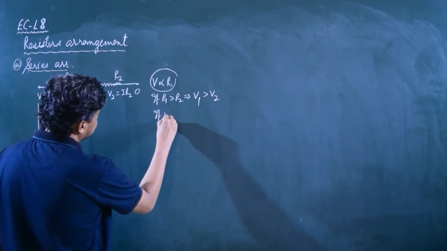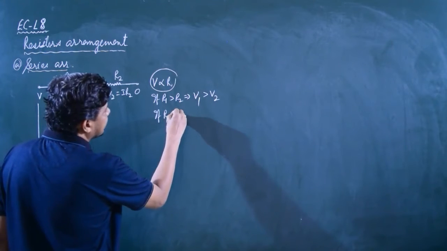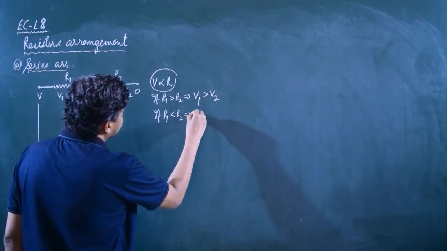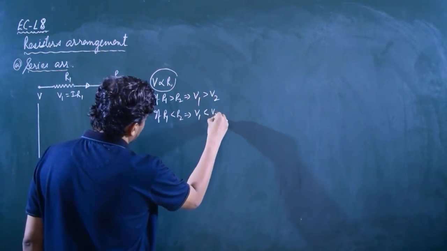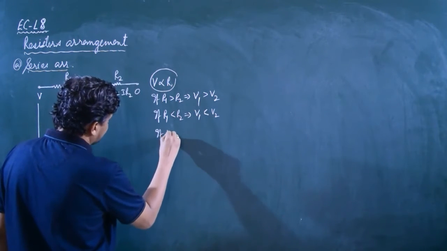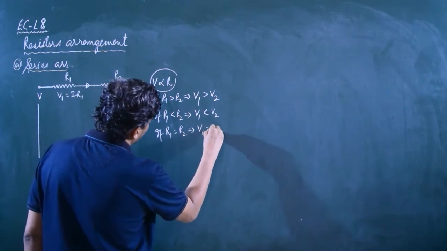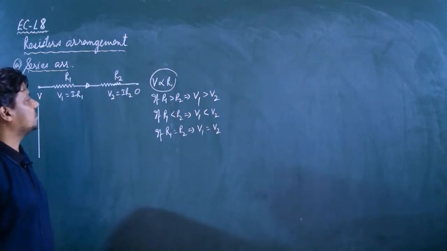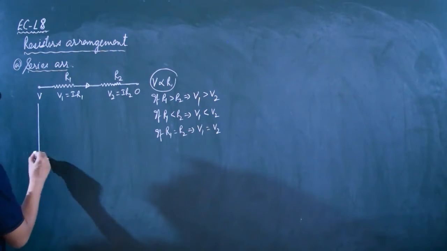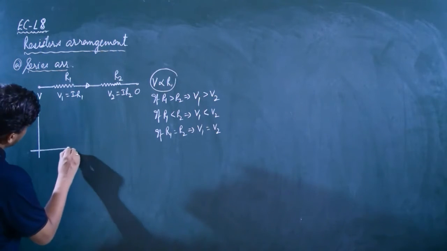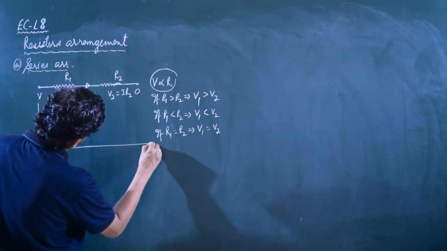If R1 is less than R2, in that case V1 is less than V2, and third case, if R1 is equal to R2, in that case V1 will be equal to V2.